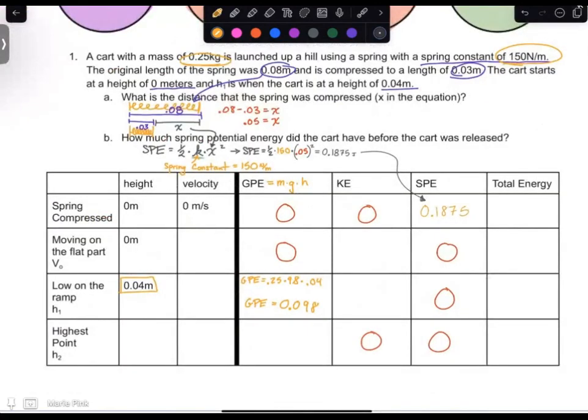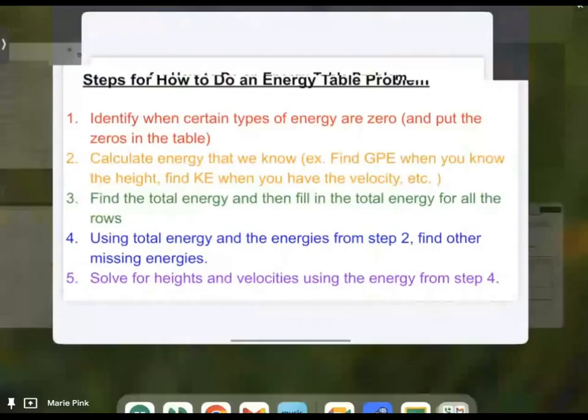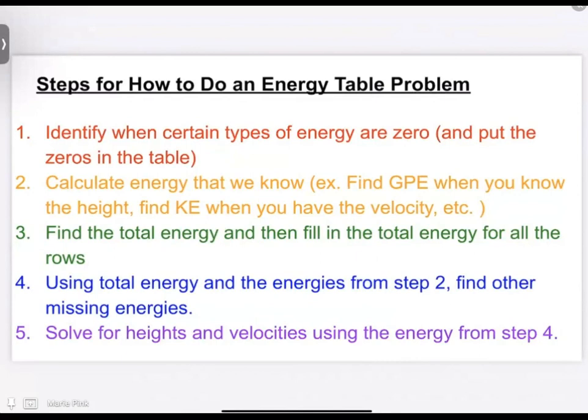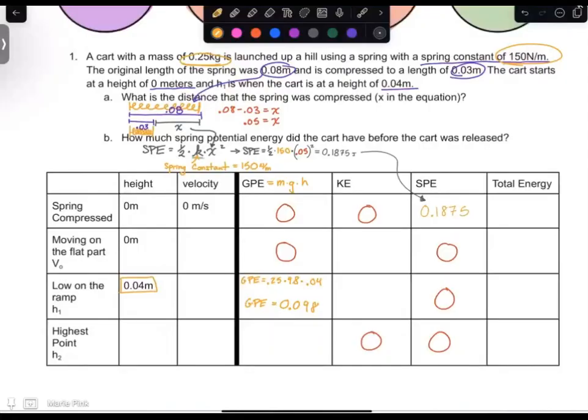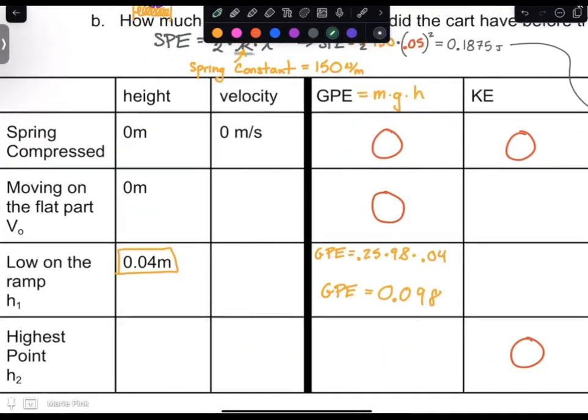So now what we need to do is go on to step 3. In step 3, it says find the total energy and then fill in the total energy for all the rows. So the total energy here is really actually quite easy. So you're going to only look at the energy. Don't add height and velocity. Those are not energy.